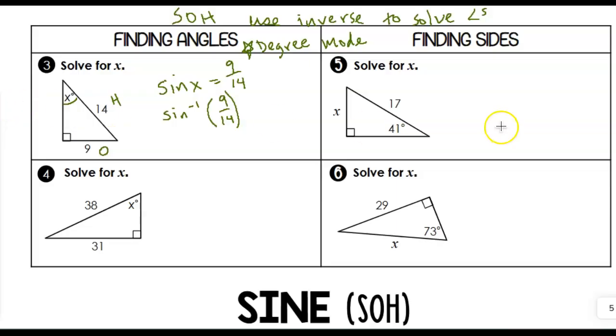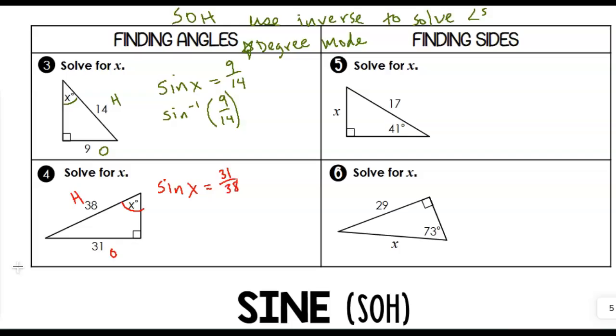Okay. Next, we're going to go down the column. We're going to look at example number 4. Example number 4, we have our reference angle x. 31 is our opposite side. 38 is our hypotenuse. SOHCAHTOA tells us it's opposite hypotenuse, so it's going to be sine of angle x is equal to 31 divided by 38.